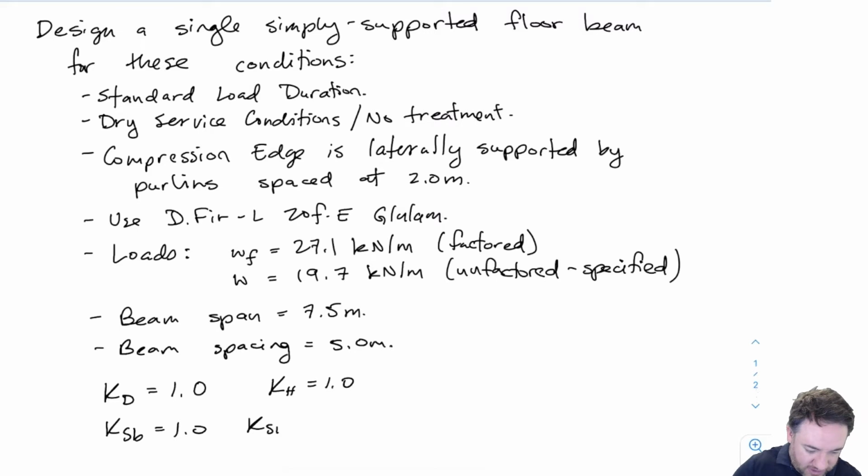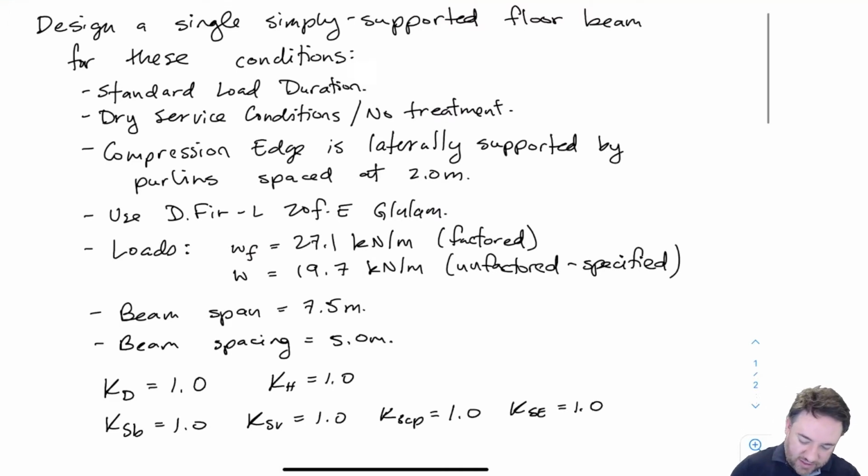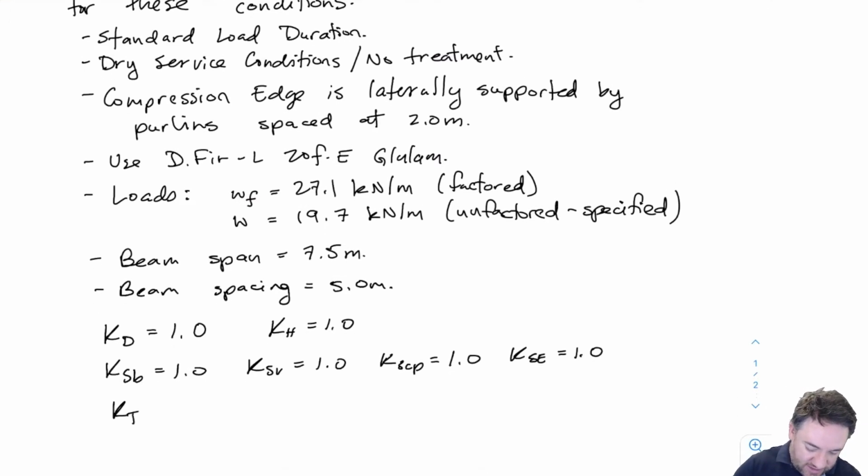So that goes for bending, shear, KSCP, which is compression perpendicular, and KSE, which we would apply to deflection calculations. And we don't have any compression load in this beam because we have not covered beam column design yet. It's untreated, so KT is going to equal 1.0 as well.